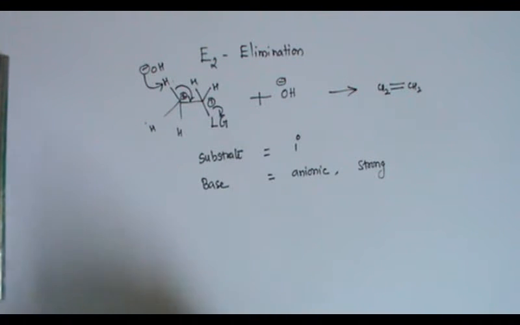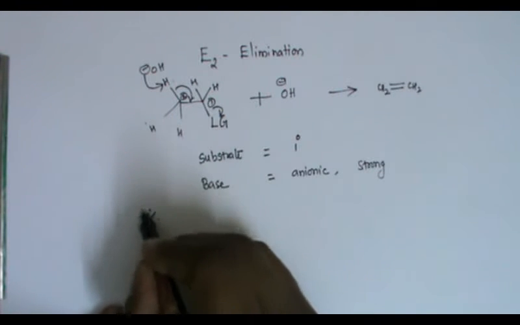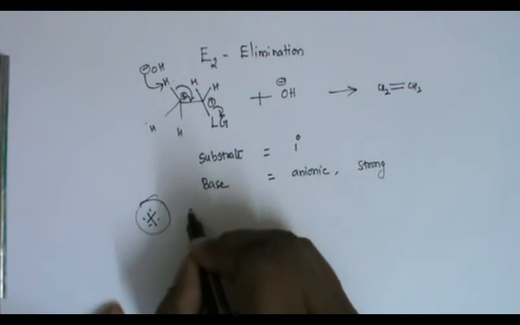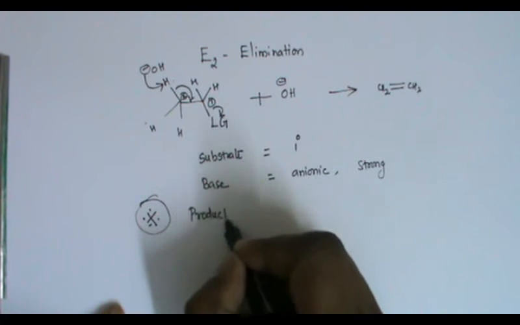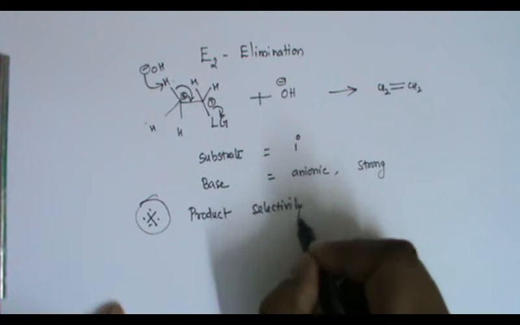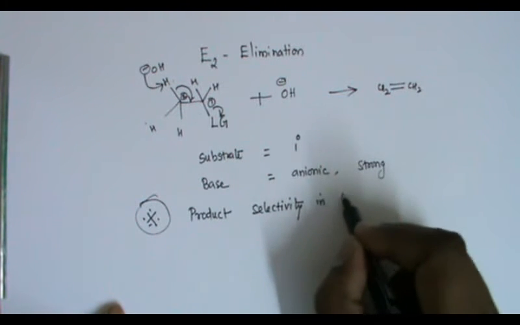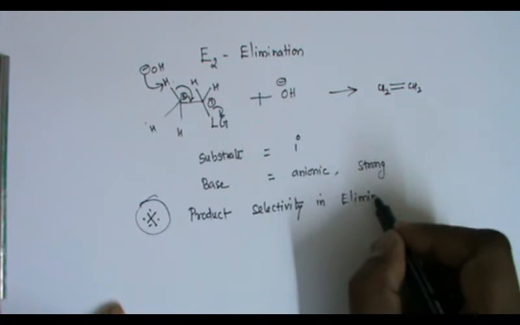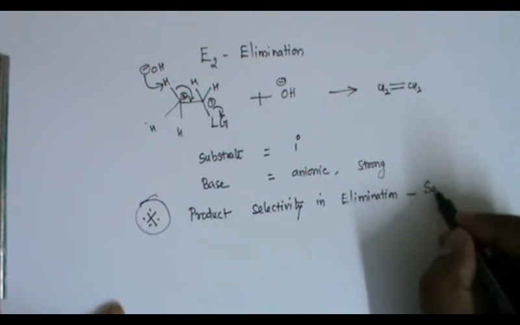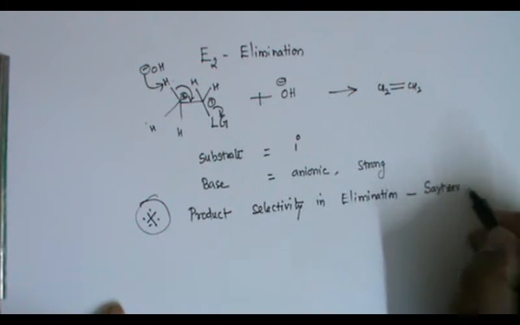Now what are the important points? The first one, product selectivity in elimination. This is given by a rule called the Zaitsev rule.